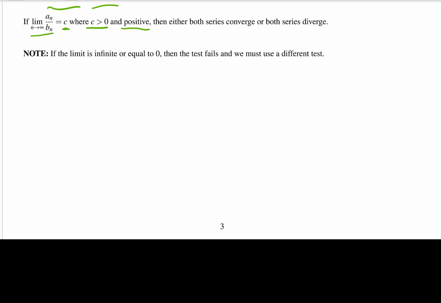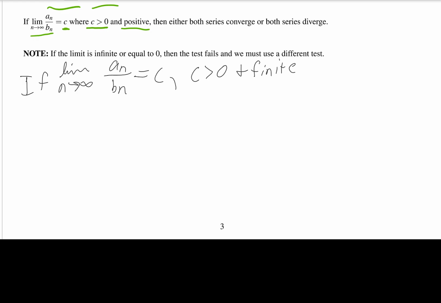Okay. So to restate, if the limit as n goes to infinity of a sub n over b sub n is equal to c, where c is greater than 0 and finite, meaning that it's not infinite, then a sub n is approximately equal to c times b sub n.